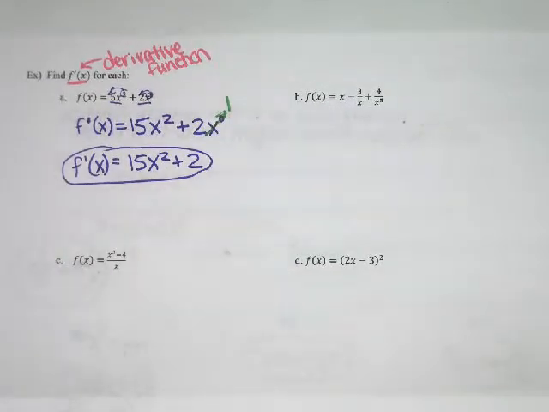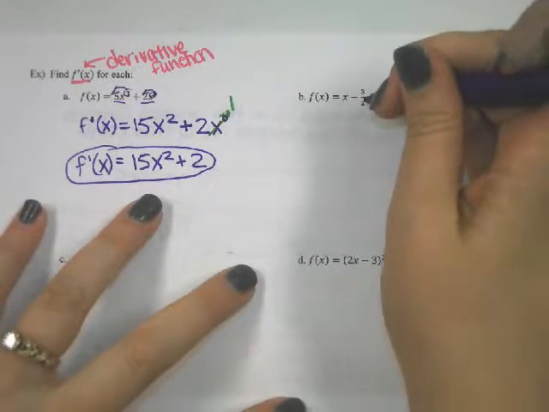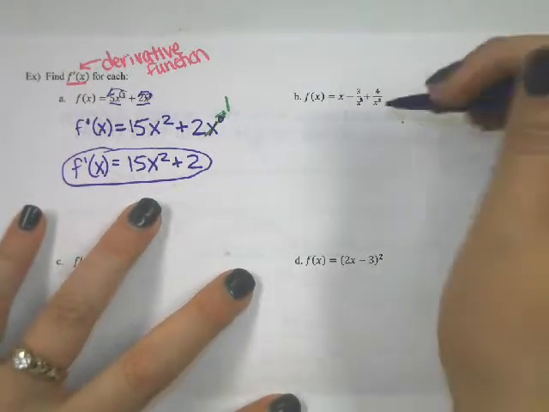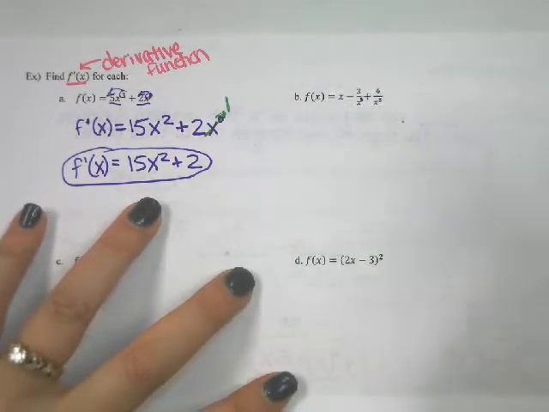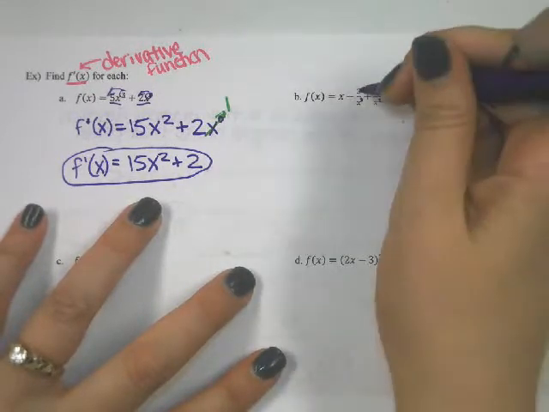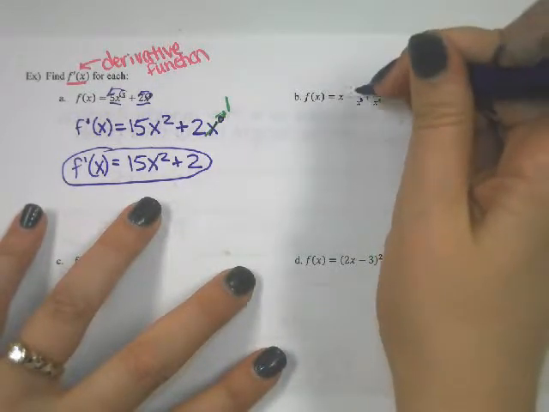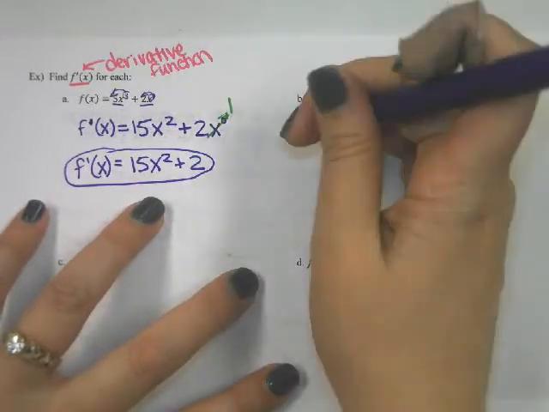All right, question B. We've got these fractions again. We need to get it out of the fraction mode so that we can better understand it. If you have something on the bottom and you need to move it to the top, you have to change the sign of the exponent. If it's on top, you can move it to the bottom, and bottom to the top; you just have to change the sign of the exponent.